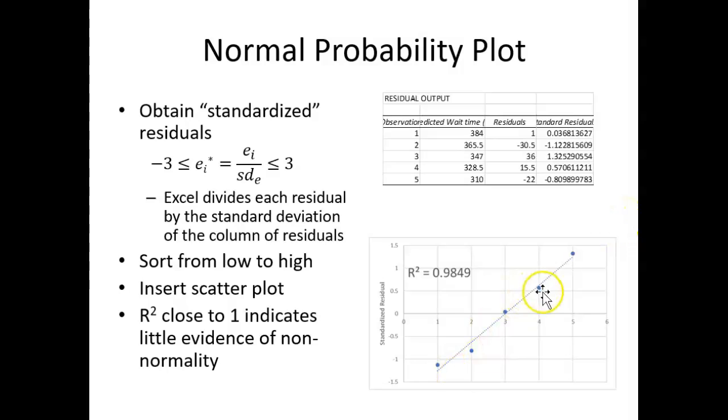Then I right mouse clicked on the dots, inserted a trend line, and clicked the button to show the R squared on the diagram. The R squared for this regression line is 0.98, and since that is very close to 1, we would say that these error terms are normally distributed.